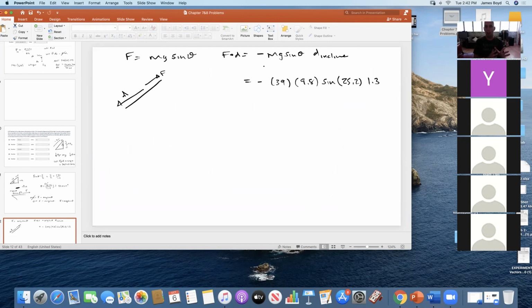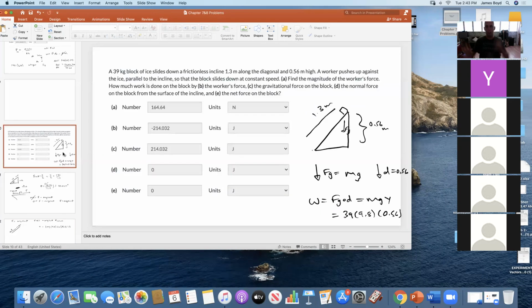That is negative work. The work was done along D, and D in this case was the incline. But gravity did work straight down in the Y direction. Even though the block was sliding, we only care about what the change in height was, because that's the change in potential energy of gravity, and that is mgy.